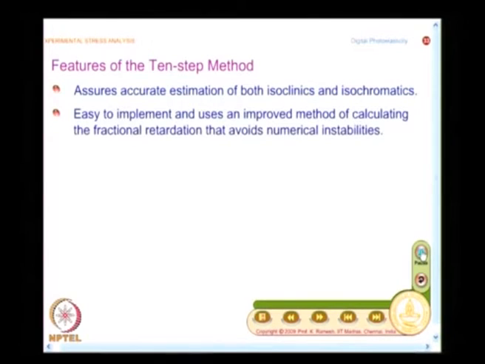So, the first achievement is it assures accurate estimation of both isoclinics and isochromatics. The methodology is easy to implement and uses an improved method of calculating the fractional retardation that avoids numerical instabilities.